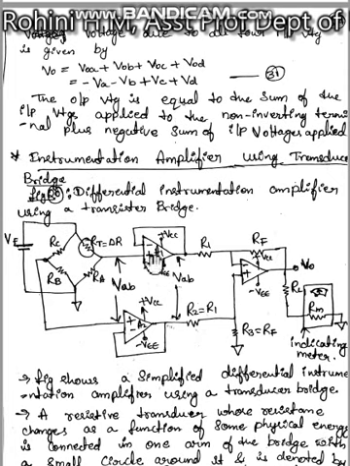Here the first amplifier is acting as a non-inverting amplifier. This amplifier A2 is also acting as a non-inverting amplifier, as we are giving input voltages to the non-inverting terminals. Whereas the third stage is just a differential amplifier, which takes the difference between these two input voltages and gives it to the output.